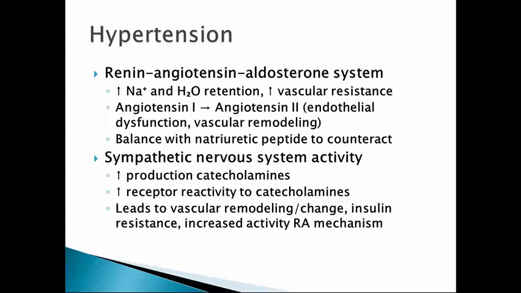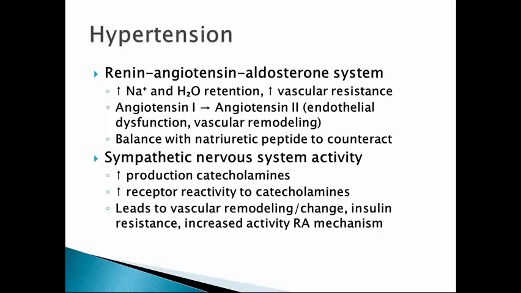We also recall, I know you remember this, that we have to balance the renin-angiotensin-aldosterone system with natriuretic peptide, because natriuretic peptide is released in relationship to stretch. And when you have stretch, then the BNP will counterbalance the effect of the aldosterone.